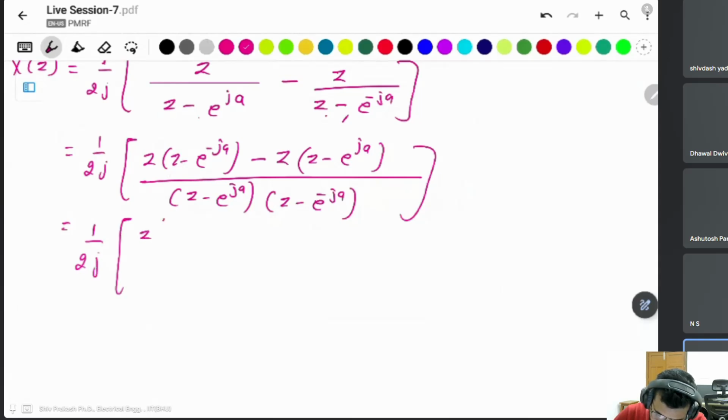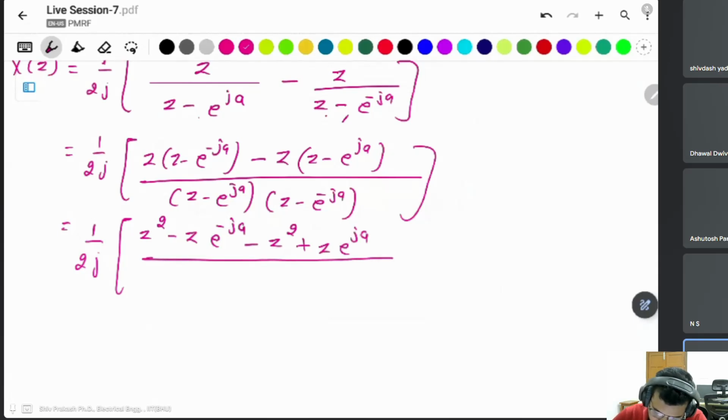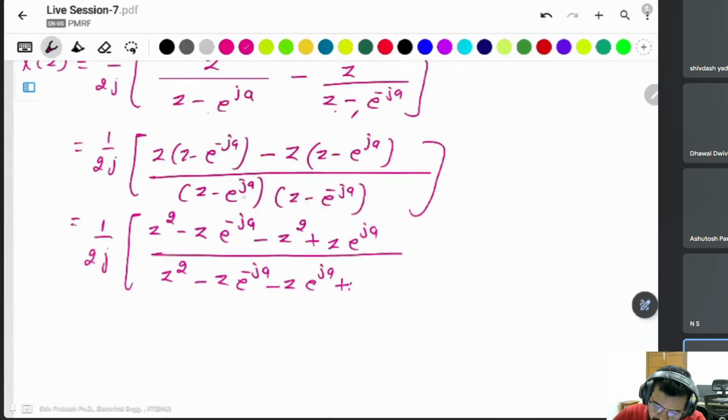This will be z square minus z e to the power of minus ja, minus z square plus z e to the power of ja, divided by z square minus z e to the power of minus ja minus z e to the power of ja plus e to the power of ja into e to the power of minus ja, which is e to the power of 0, equal to 1.